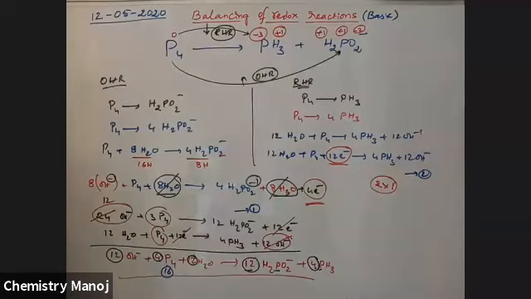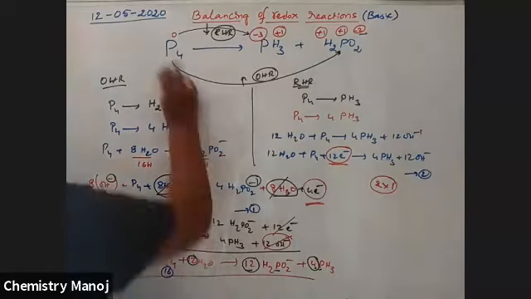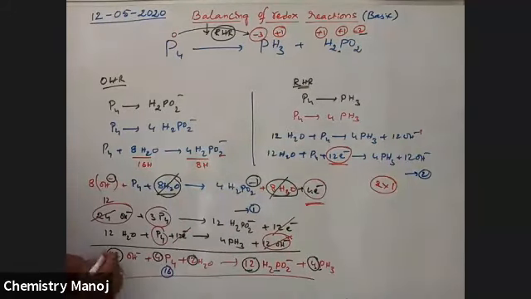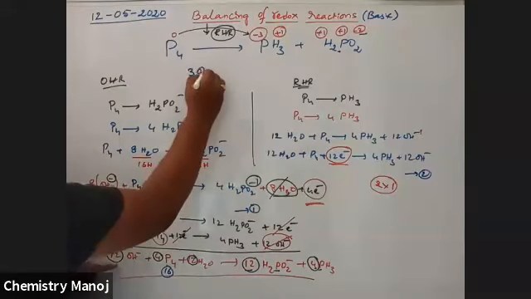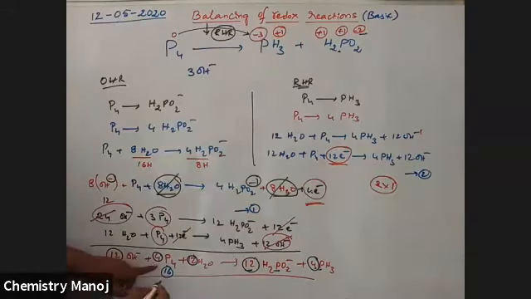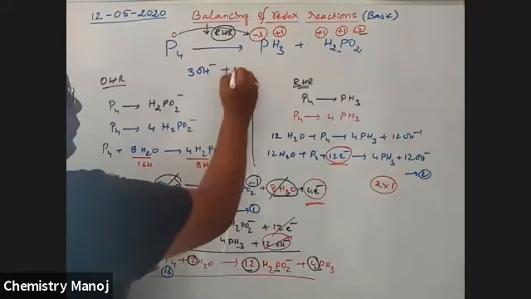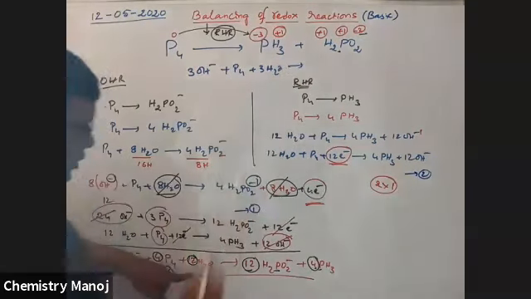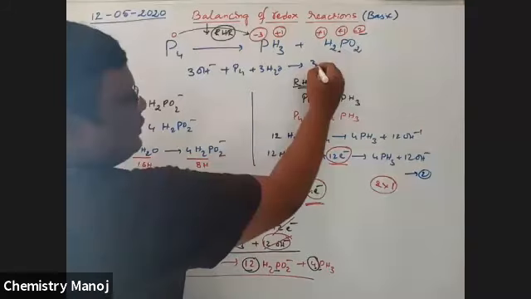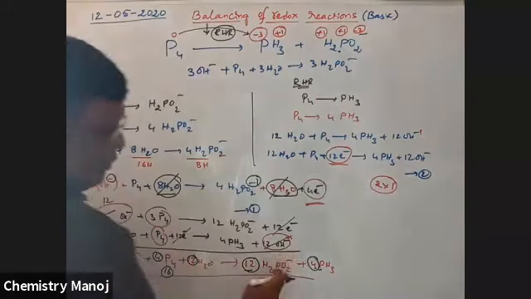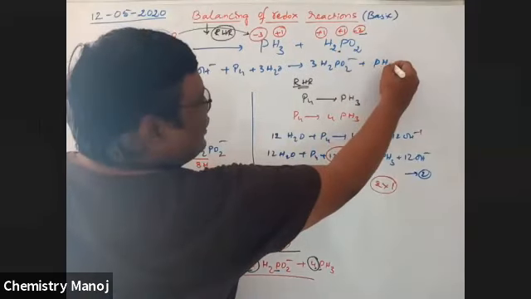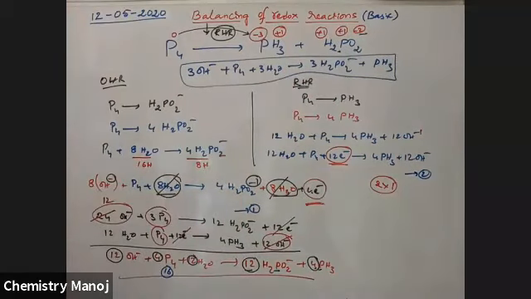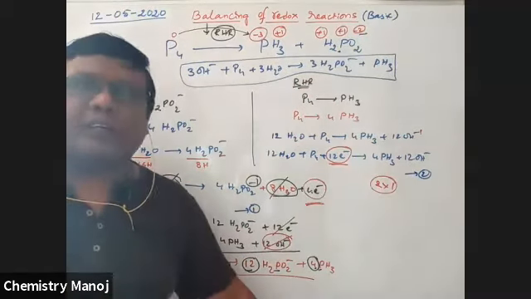Now I am going to write the equation here after cancelling 4. 12 by 4, 3 OH minus. 4 by 4, 1 P4. 12 by 4, 3 H2O gives 3 H2PO2 minus, 4 by 4, 1 PH3. This is the final balanced equation after cancelling the common factor.